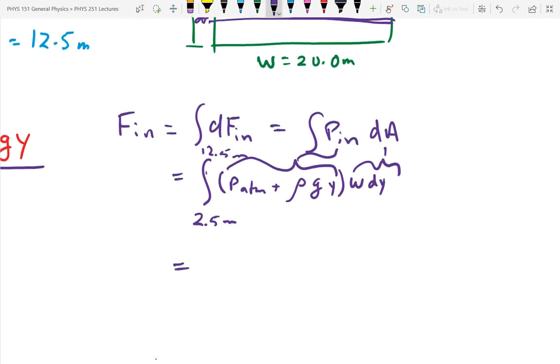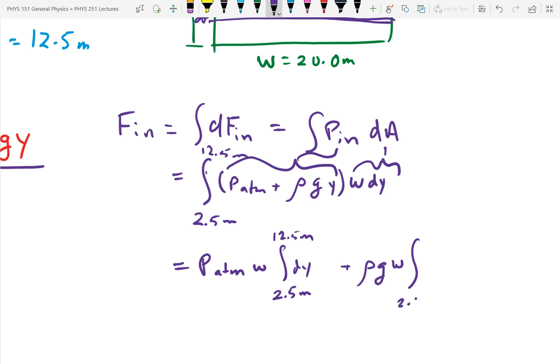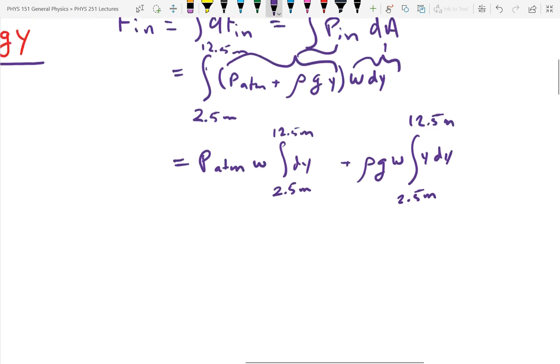And so then integrating that, I'll be a little more specific: P atmosphere W integral 2.5 meters to 12.5 meters dy, plus rho g W integral 2.5 meters to 12.5 meters y dy. So I just multiplied through the thing that's in parentheses and separated it into two integrals.